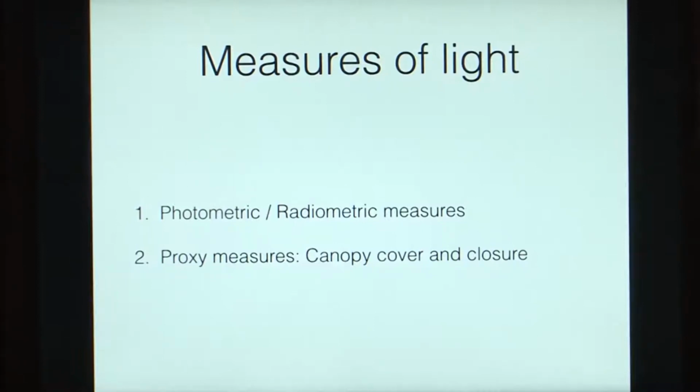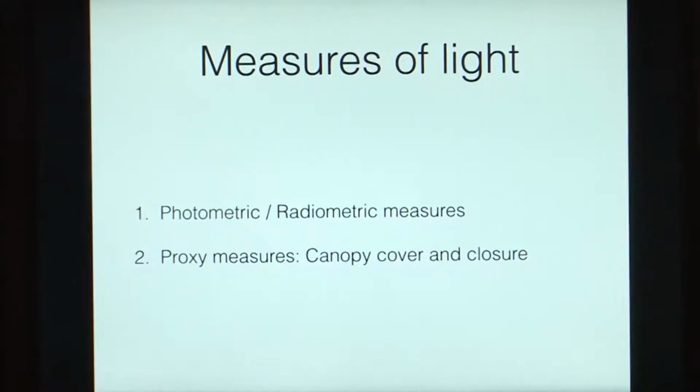So, for instance, in the case of photosynthesis, the trees use the blue and red regions of light. So, we can measure the amount of energy that is there in the blue portion of the spectrum and in the red portion of the spectrum to get a radiometric measure of the amount of light that is reaching the forest floor. Or as a measure of light, we could use some proxy measures, which include canopy cover and canopy closure.